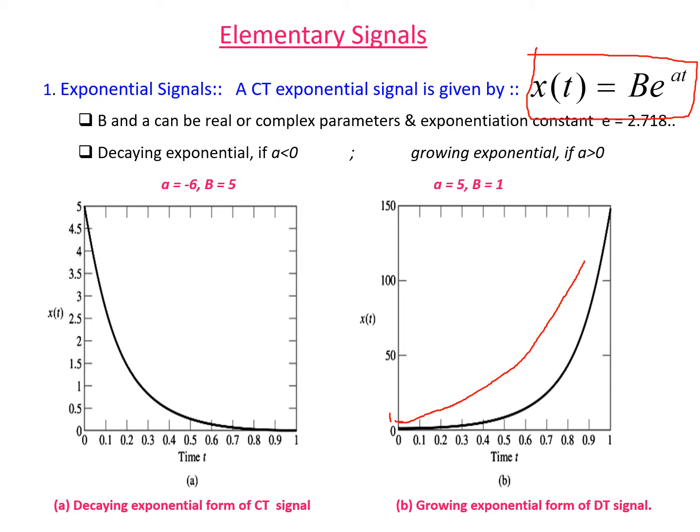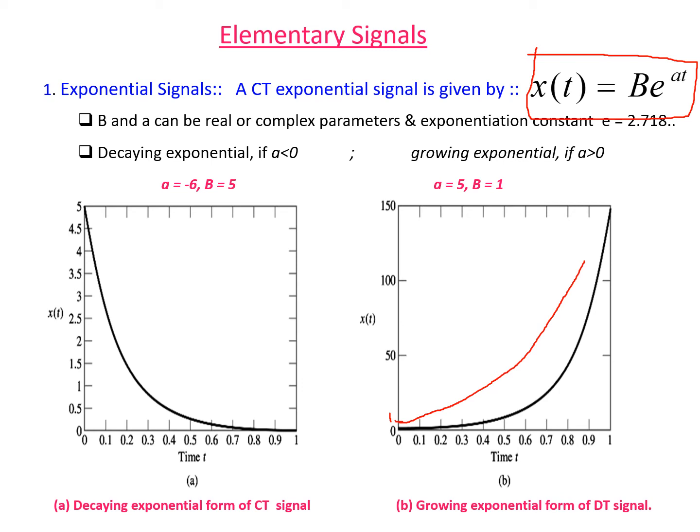So this graph grows to infinity. As in the previous graph you have seen, the value decays to 0 as t tends to infinity. In the rising exponential, as t tends to infinity, the value itself grows to a large value, up to infinity. So that's the characteristic of a rising exponential.